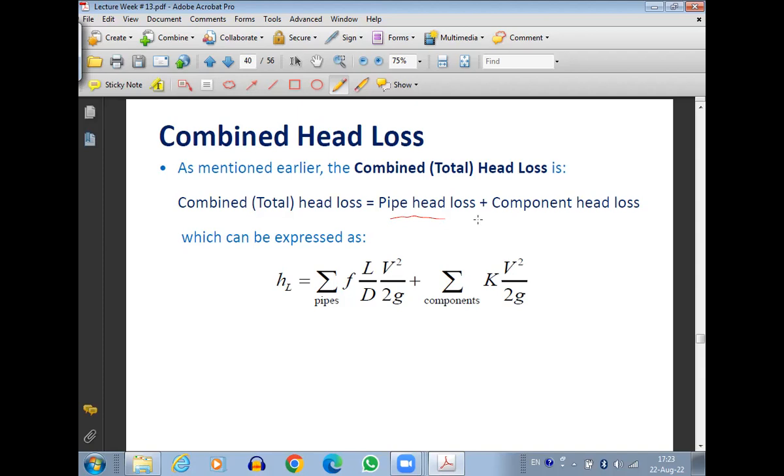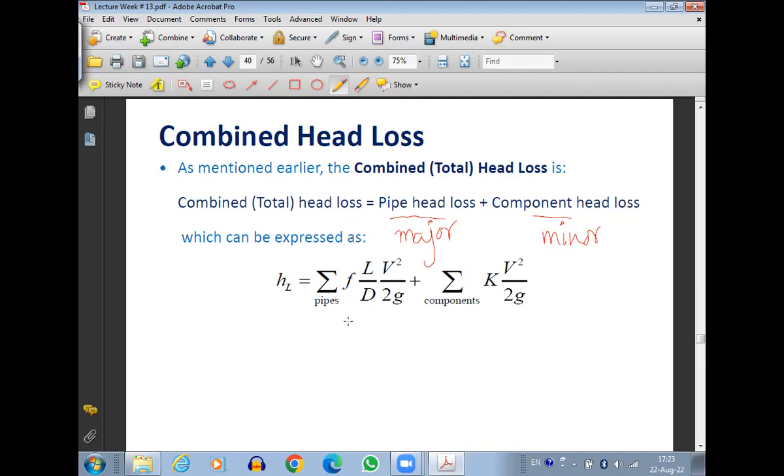Combining the component head loss with the pipe head loss, we have the combined total head loss of the piping system. Pipe head losses are basically the major losses, and the component head losses are basically the minor losses. So the combined total head loss is a combination of the major and the minor losses.